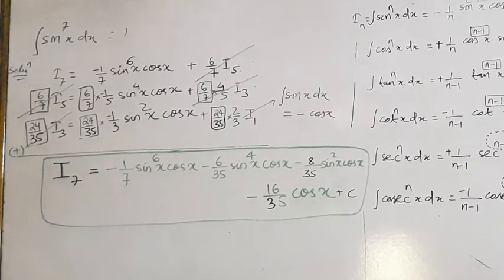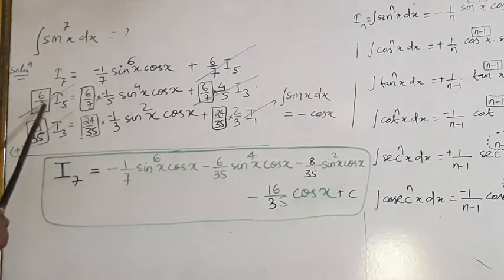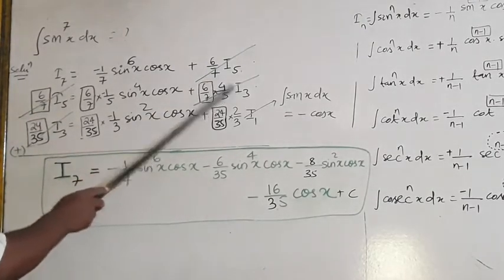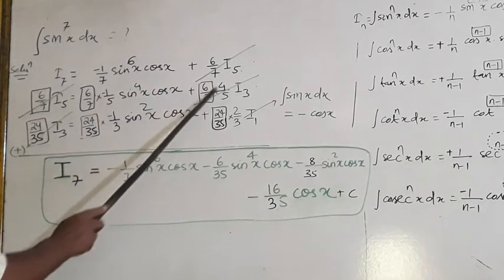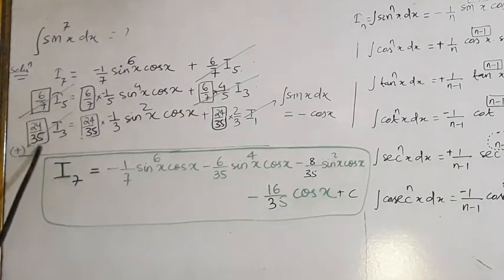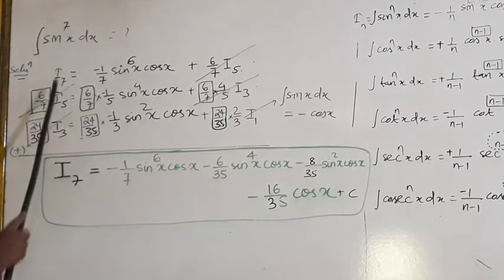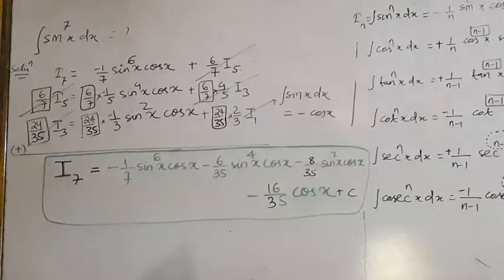Now there is another method I am taking. Now if we add, all this will cancel with this. It is 24 by 35. It is 24 by 35 I3. If they cancel, what is the answer? I7 is equal to the addition.